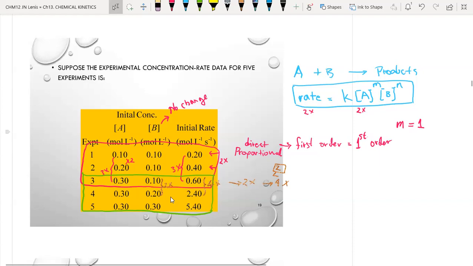Let's do one more experiment just to make sure. There, experiment number 5. We keep these concentrations constant. Let's make a change here. Let's increase from 0.10 to 0.30.